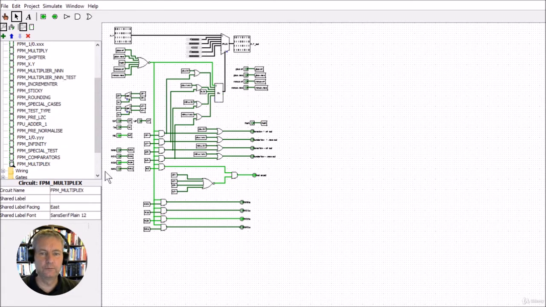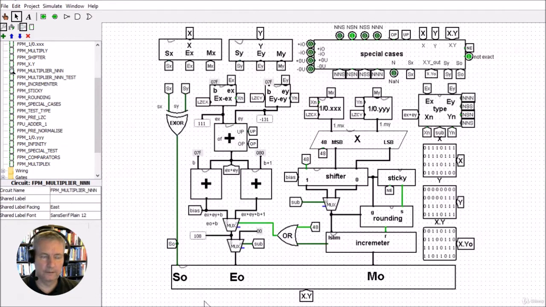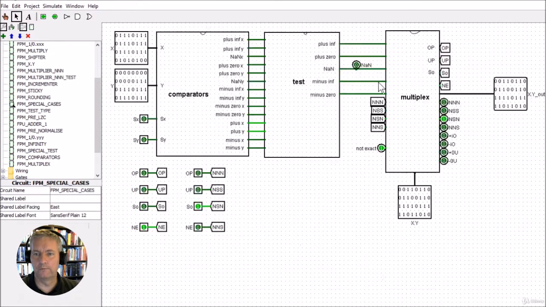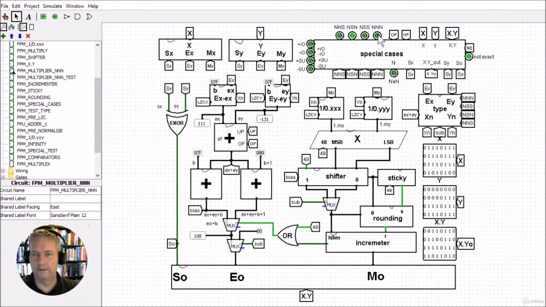So let's head up to the top level. We take out these outputs here, and we'll head up here. I'll zoom in a bit so we can get in again. So we come back out of this multiplex here, out in these pins here, and then these go to the next level up, which is our top level here, and these are the outputs.